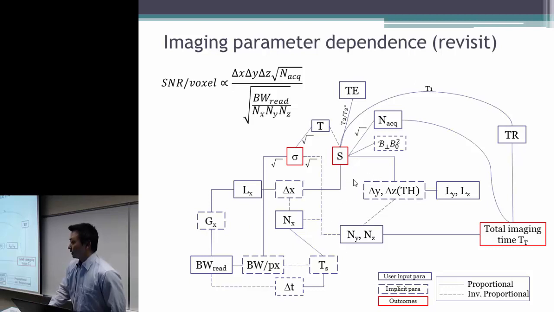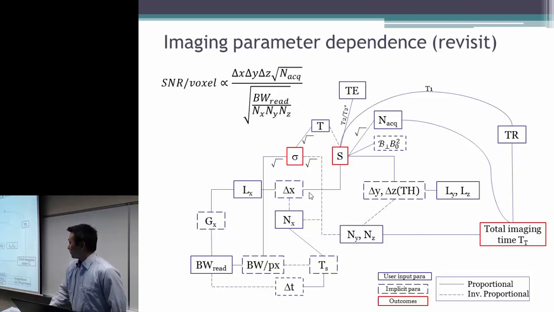There are also implicit parameters that we do not input, but which change according to our inputs. For example, we don't need to specify the gradient strength of the readout gradient or its duration, because it is automatically determined once it has the FOV, the number of sampling points, and the bandwidth.